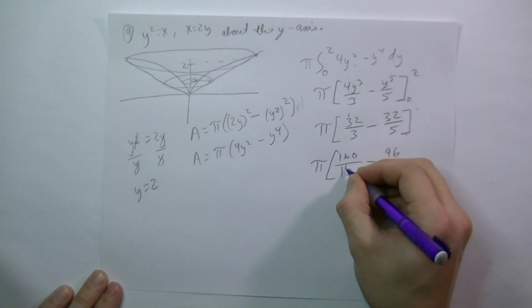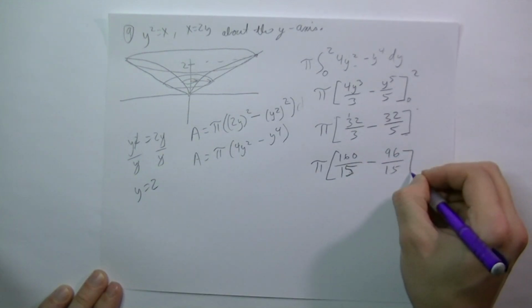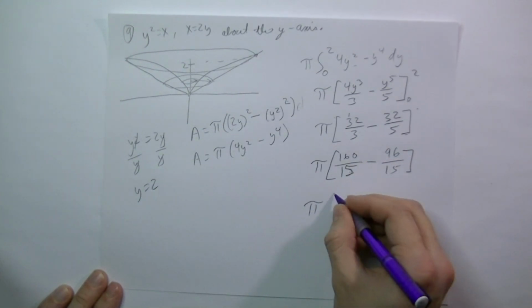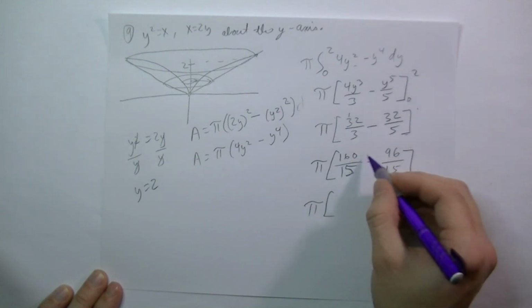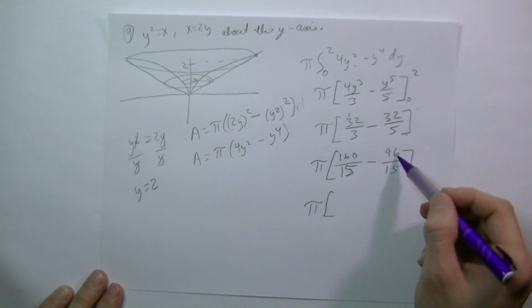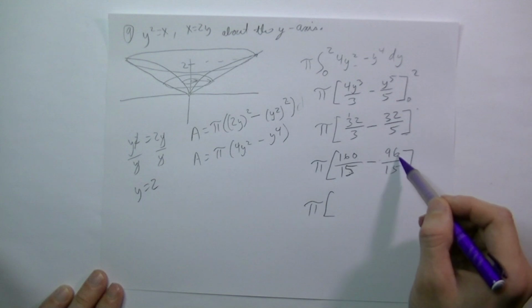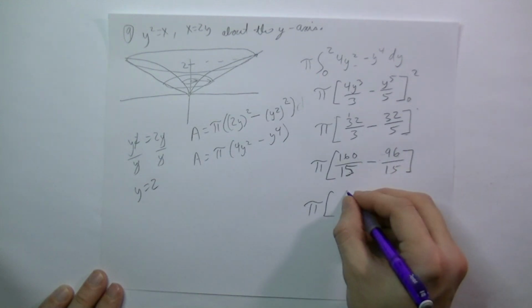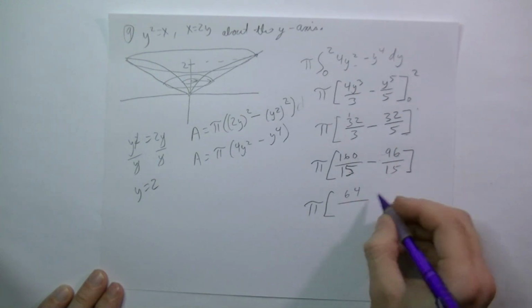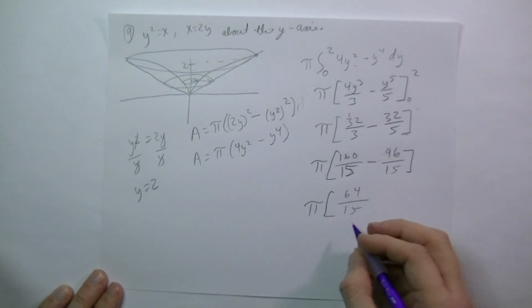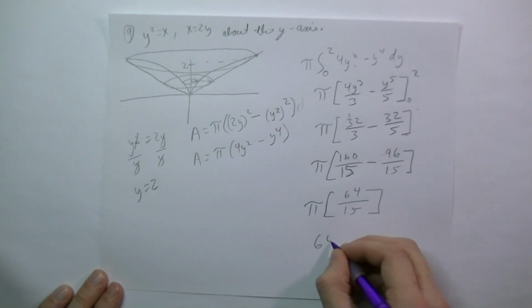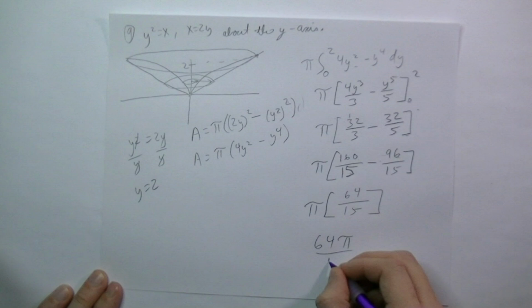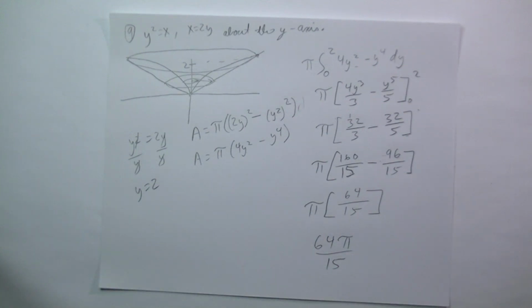Okay, so pi, and 160 minus 96 is 64 over 15, and that does not reduce.